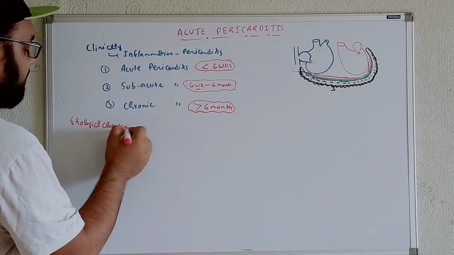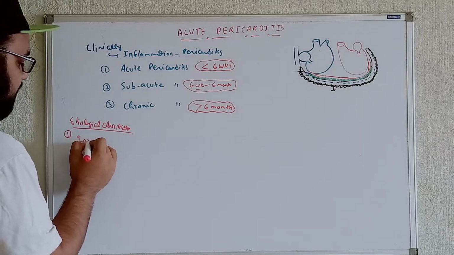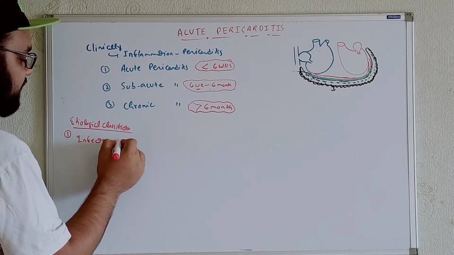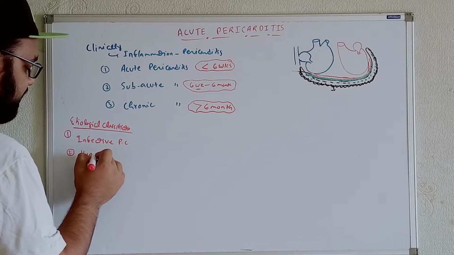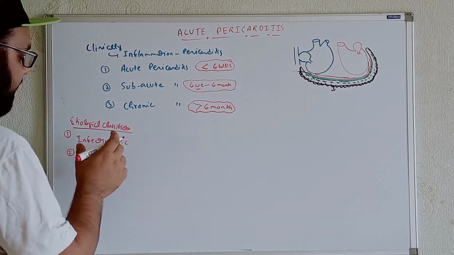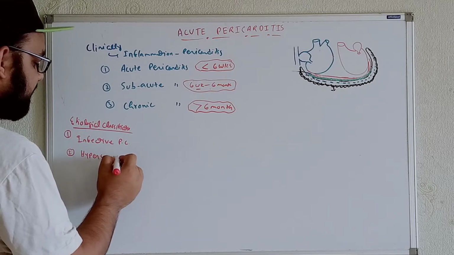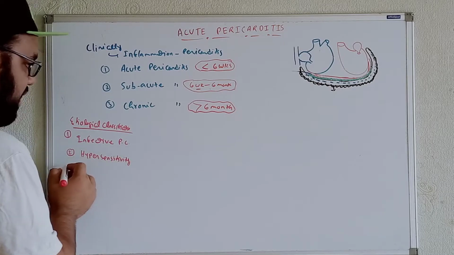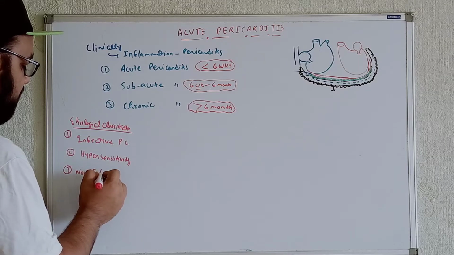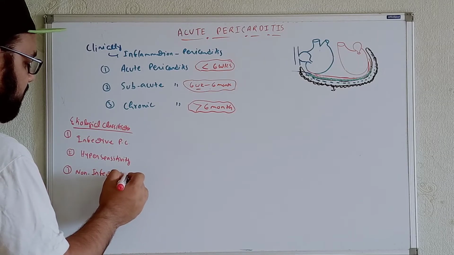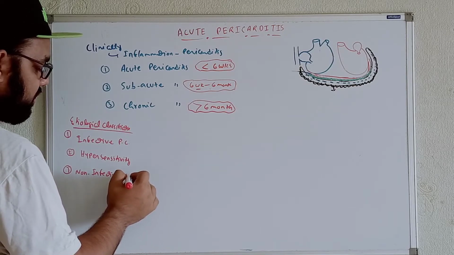First, the infective pericarditis. Then hypersensitivity, where pericarditis develops from hypersensitivity. And we can also say the non-infective and hypersensitivity mediated regions.